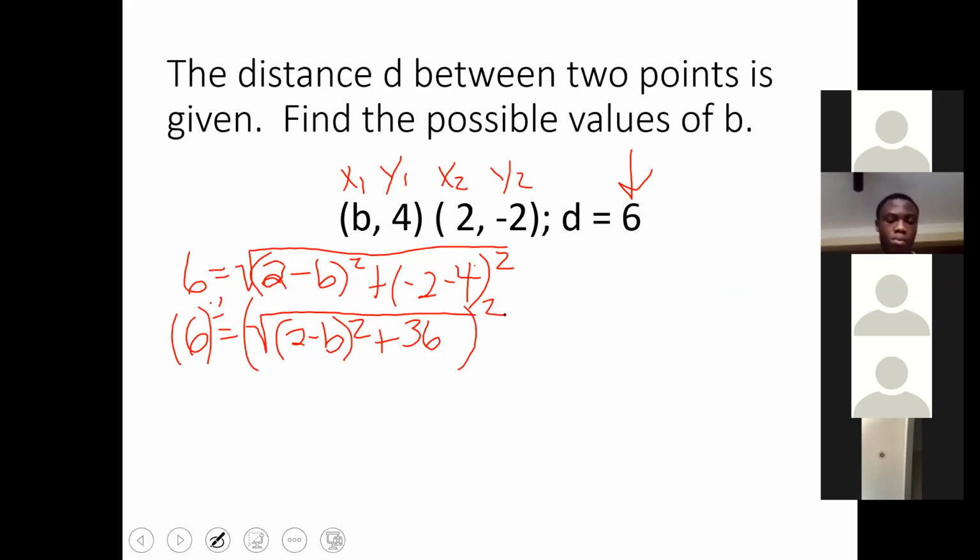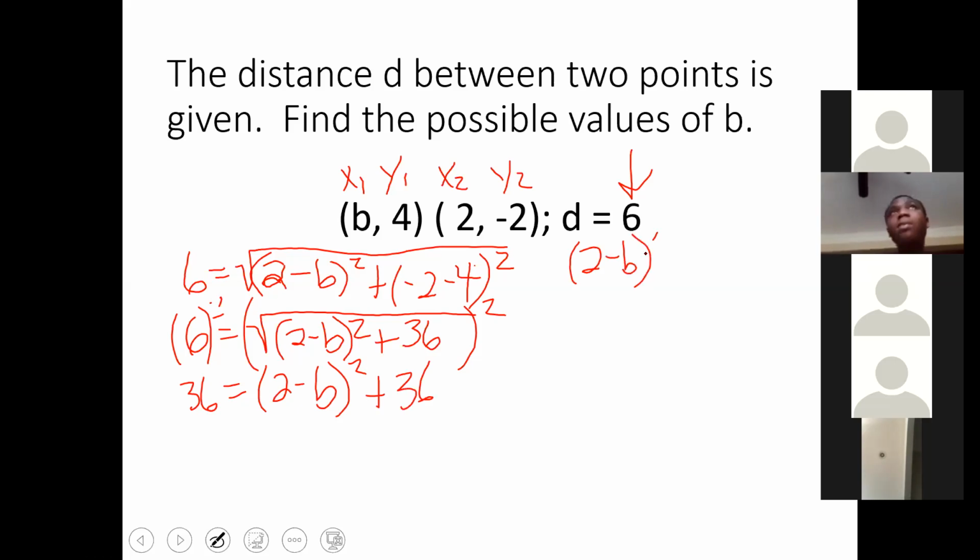When we do that, we get 36 is equal to 2 minus b squared plus 36. Now 2 minus b squared, if we write this out, will be 2 minus b times 2 minus b.